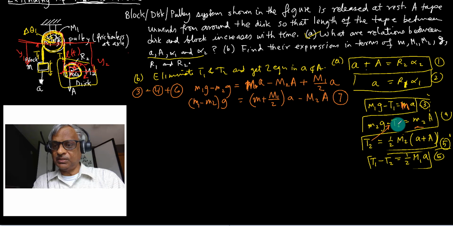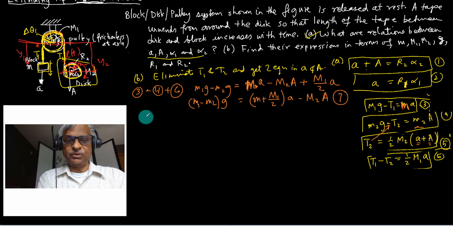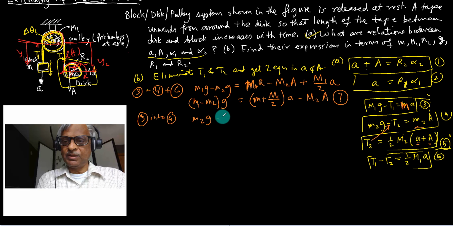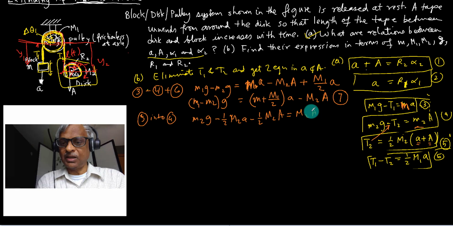If I put in here, then I'll get an equation in another equation, little a and capital A, right? So that's 5 into 4, that gives me M2G minus half M2A minus half M2 capital A. On the right side is M2 capital A. These are all capital M's.